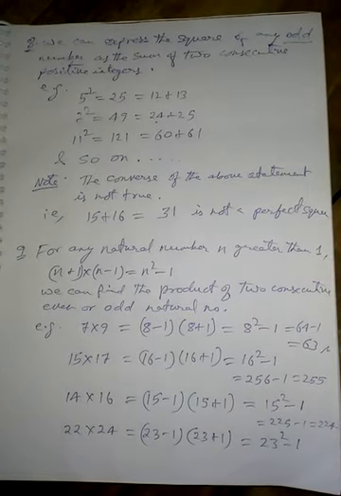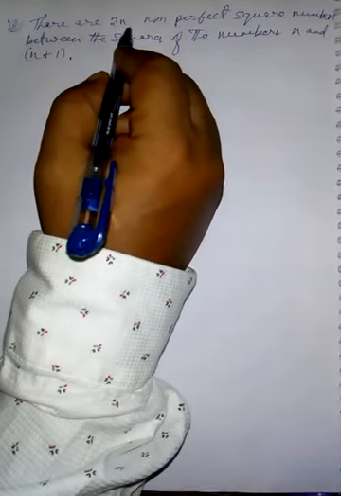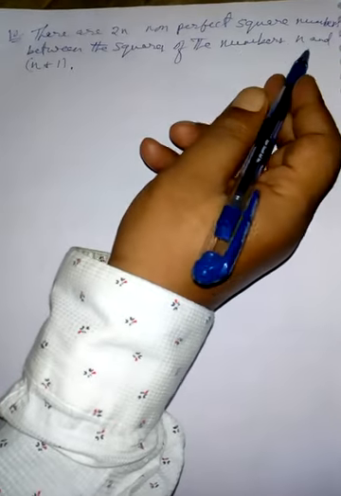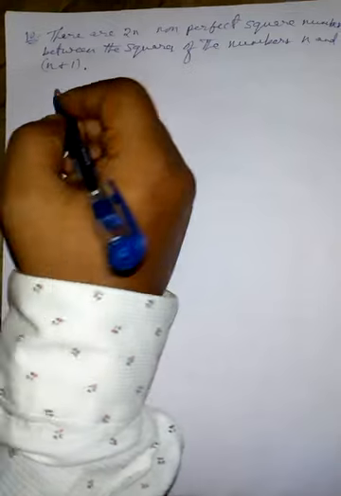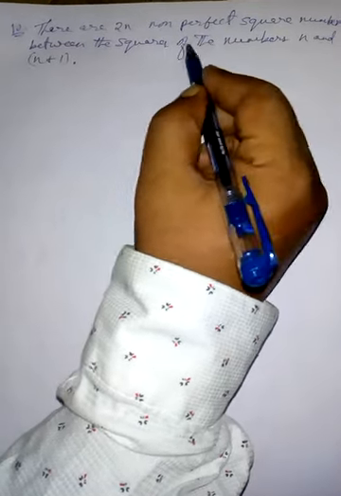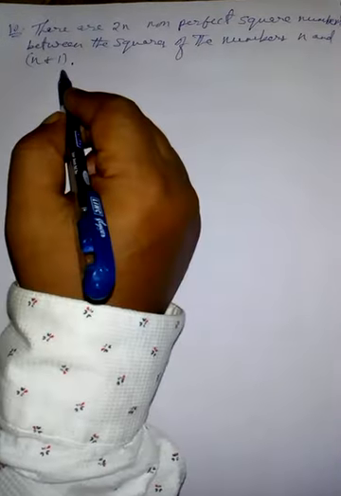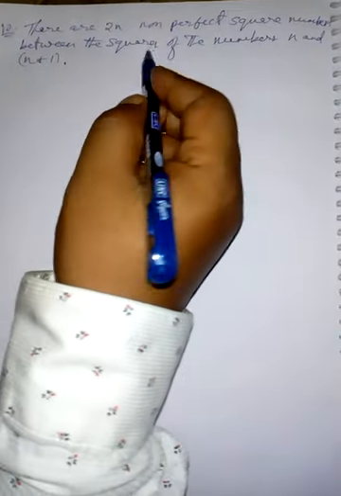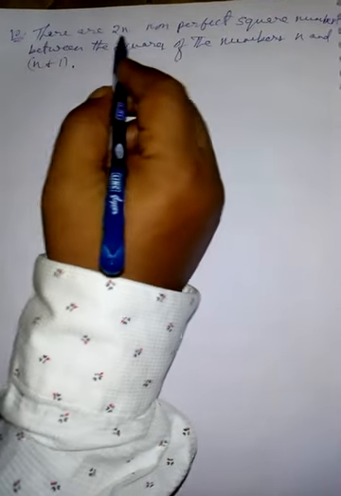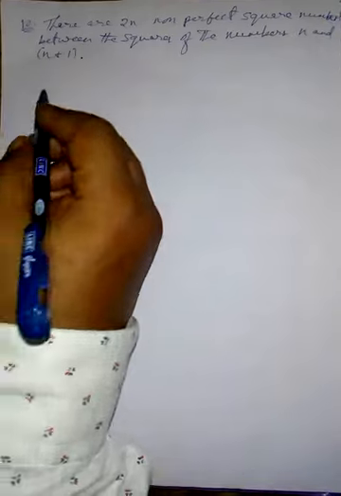Next, the 10th property. There are 2n non-perfect square numbers between the squares of the two numbers n and n plus 1. Suppose the squares of the numbers n and n plus 1. So the number of non-perfect square numbers will be 2 into n.